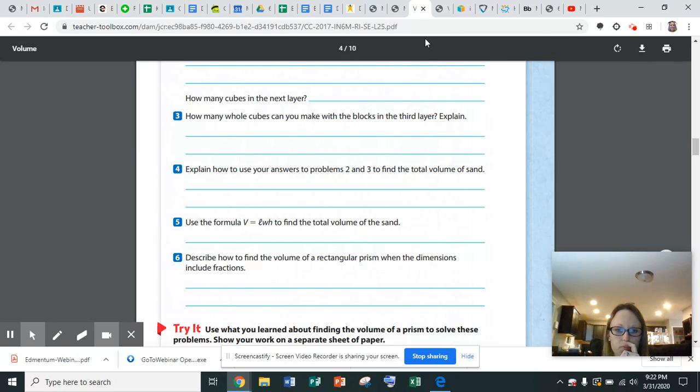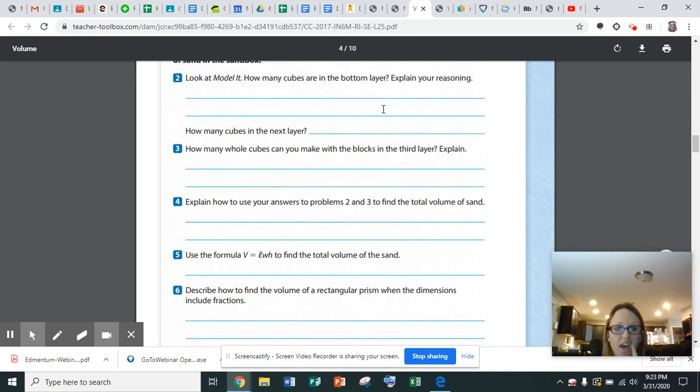So there's really no difference when you're finding the volume of a rectangular prism when the dimensions include fractions. It's just that you have to end up solving with those fractions in it. So you multiply straight across, and if there's still a numerator and a denominator, then you can divide them, or you leave it as a fractional part.